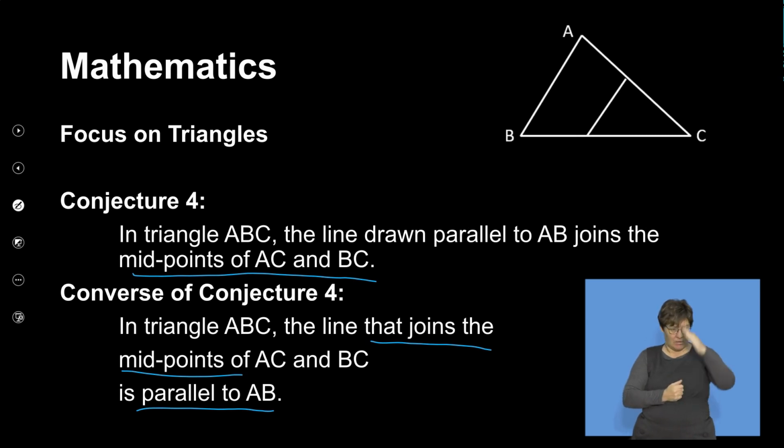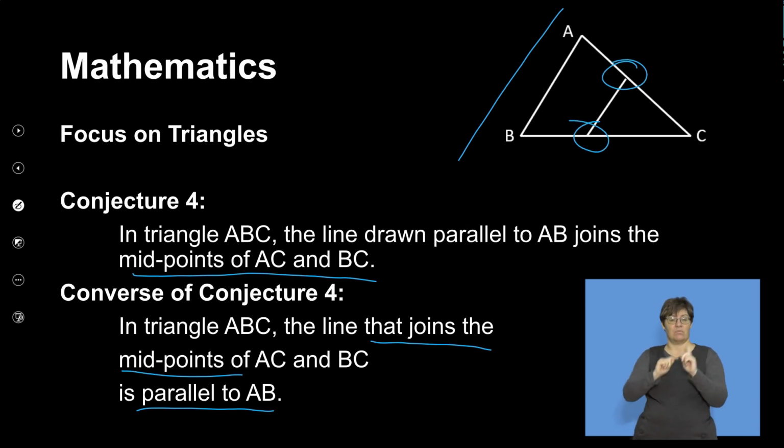But can it be true if it's not passing through the midpoints of the line segments? That's what we are really battling to try and understand here: is it really true that even if it's not passing through the midpoints, for any triangle that we have, it will still be parallel to the third side or not? And that's what we need to look at. Because this will then say, if any line is drawn parallel to the third side, it is passing through the midpoints.